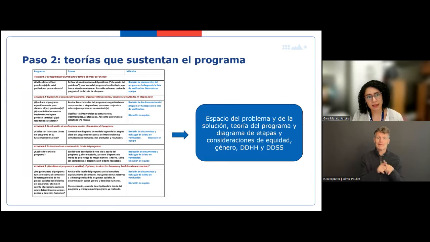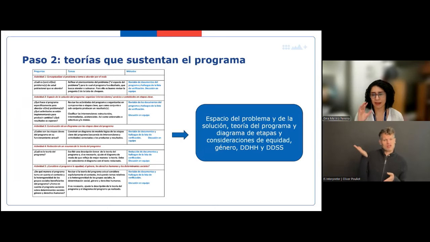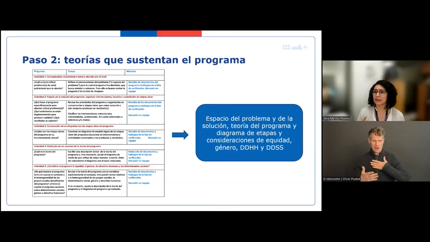Step number 2 has to do with the theories that support the program. It's also a general overview of some of the activities that we perform, for instance, conceptualizing the problem, and also finding the solution. We built a diagram. I'm going to show that to you in a minute, and write summaries and see if there are social determinants that have been identified, and this equity approach and how to use it.